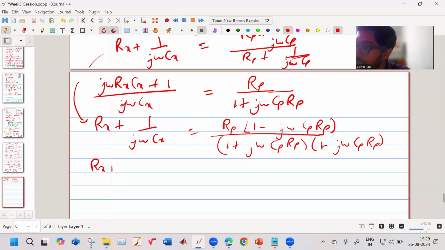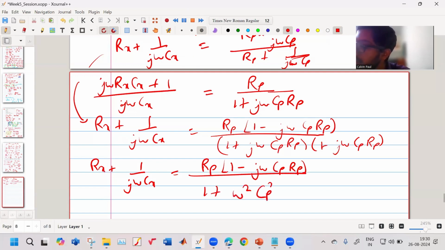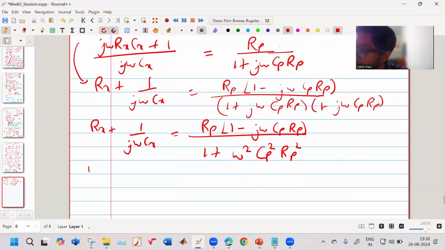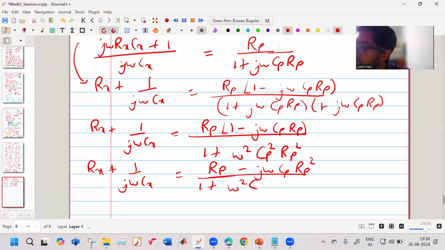So my Rx plus 1 upon j omega Cx is equal to Rp into 1 minus j omega Cp into Rp upon 1 plus omega square Cp square Rp square. So I get Rx plus 1 upon j omega Cx is equal to Rp minus j omega Cp into Rp square upon 1 plus omega square Cp square Rp square.